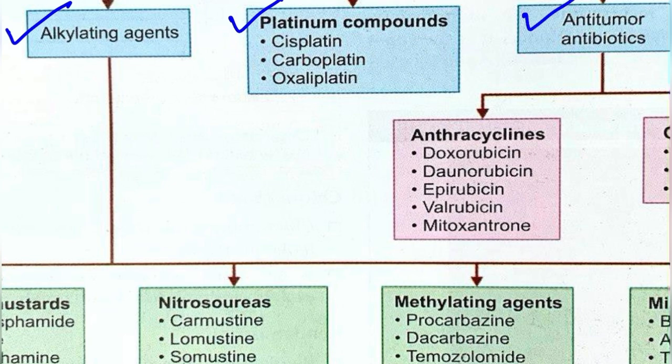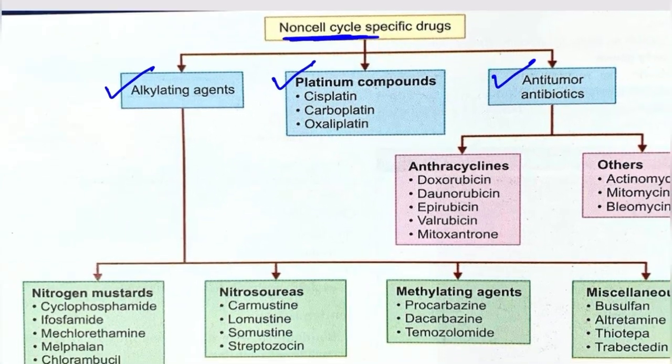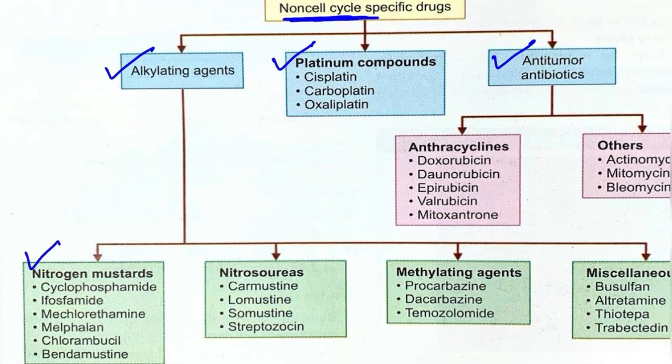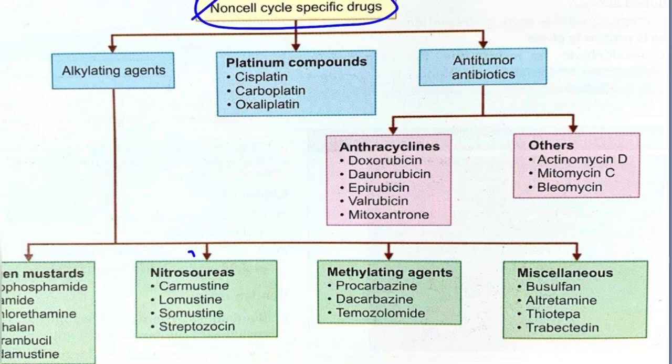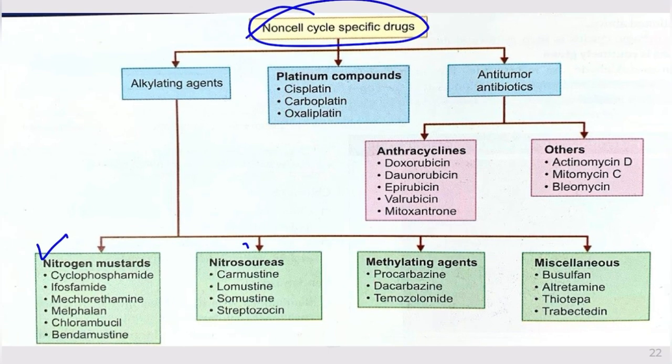Number 3, anti-tumor antibiotics. Under alkylating agents there are 4 subclassifications, and under anti-tumor antibiotics there are 2 subclassifications. So I have finished this group. This was the first group, non-cell cycle specific drugs. Okay, now I will discuss cell cycle specific drugs.